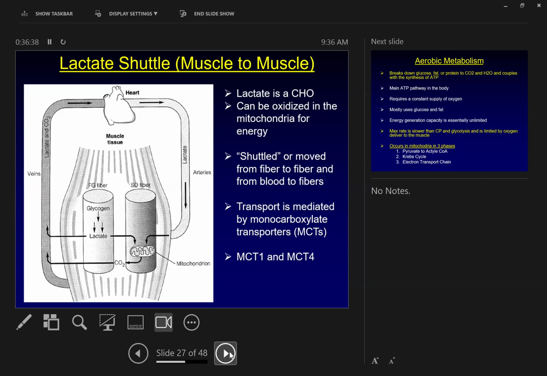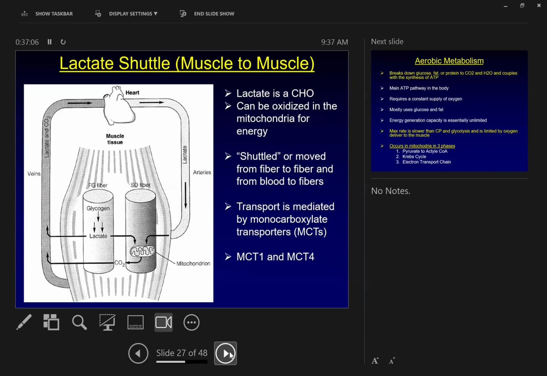So for any amount of pyruvate getting made in a fast twitch fiber, a larger percentage will get made into lactic acid than in a slow twitch fiber. Here it's called a fast glycolytic fiber or a type 2X fiber. In some ways, they make a lot of lactic acid. And then here it's getting taken up into a slow oxidative or type 1 fiber that has more mitochondria.